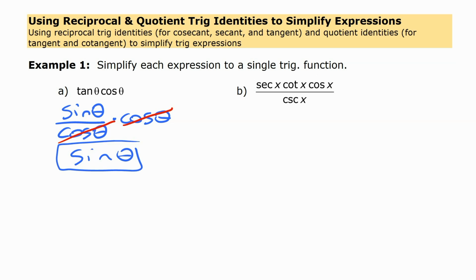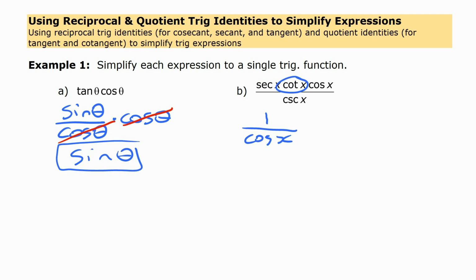And what often is a strategy that people adopt is change everything to sines and cosines, because all of the identities that you have, all of the reciprocal identities and the quotient identities, other than the one that relates tangent and cotangent, but the other 4 all are a way of replacing some of the trig functions with things involving sine and cosine. For example, secant, we can change it to 1 over cosine of x.